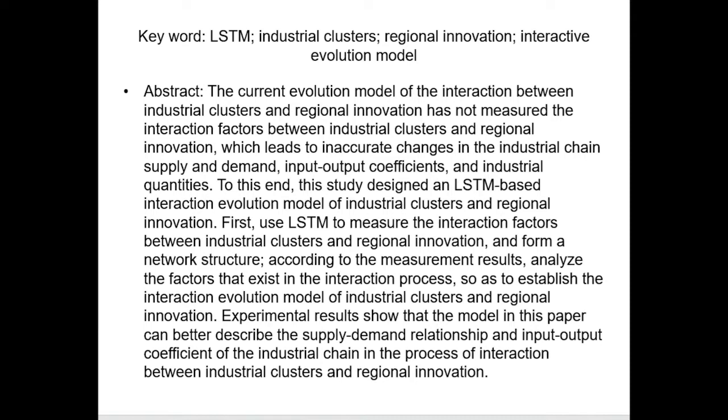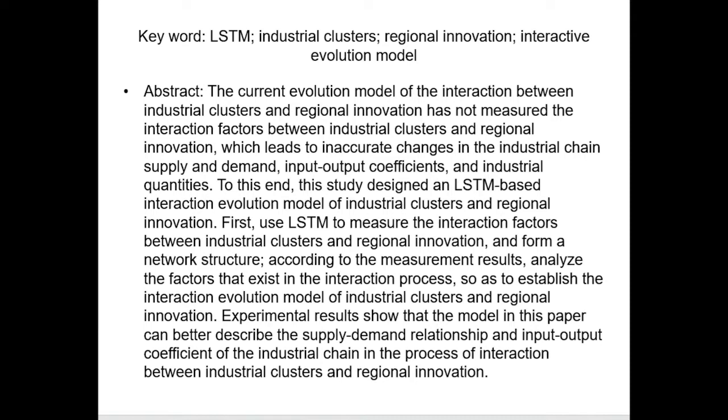First, use LSTM to measure the interaction factors between industrial cluster and regional innovation, and form a network structure according to the measurement results. Analyze the factors that exist in the interaction process so as to establish the interaction evolution model of industrial cluster and regional innovation.